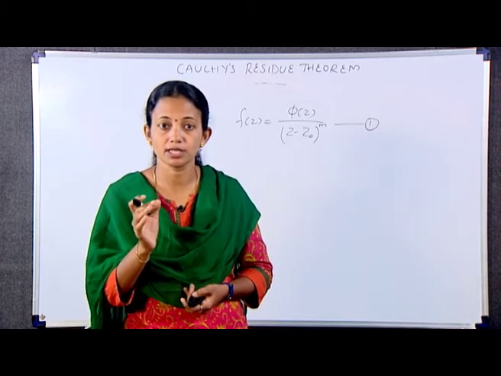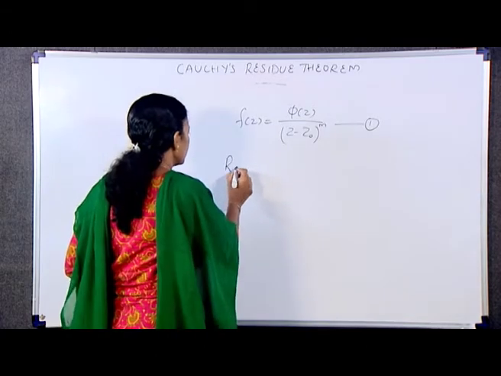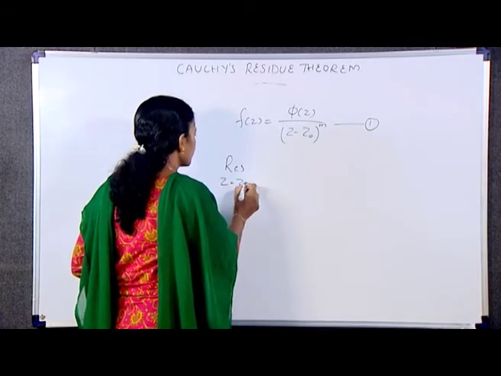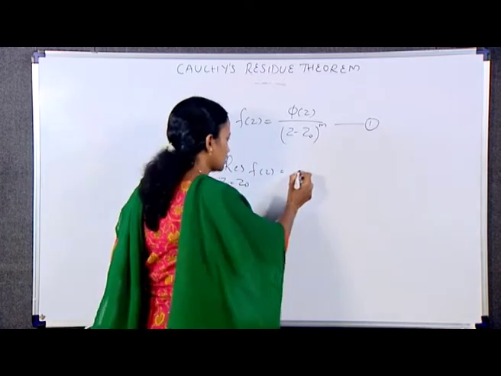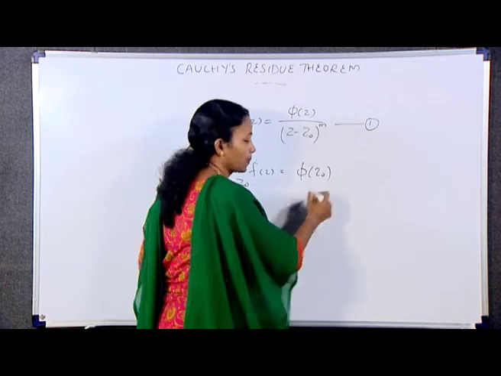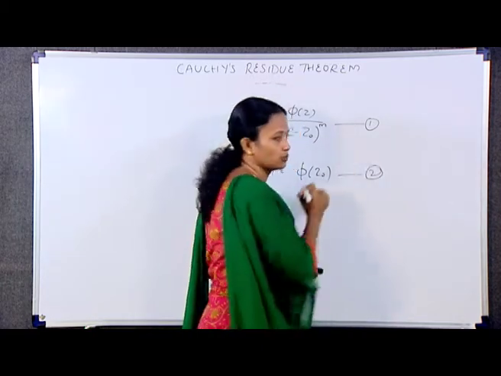Moreover, residue at z is equal to Z0, f(z) is equal to phi of Z0 if m is equal to 1. Equation number 2. And residue at z is equal to Z0, f(z) is equal to phi^(m minus 1)(Z0) by (m minus 1) factorial if m greater than or equal to 2.